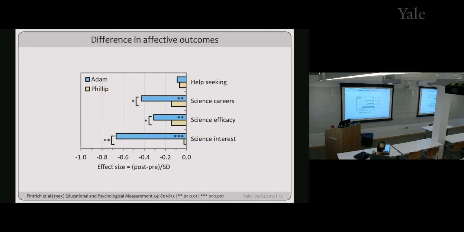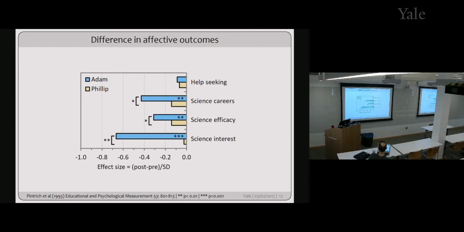What's also interesting is we gave them pre and post surveys for their motivation and interest in continuing in the discipline. What we found is that students in Adam's section had decreased interest in a science career, decreased science self-efficacy, and decreased interest in science in general.